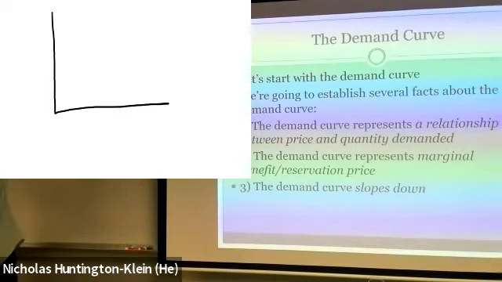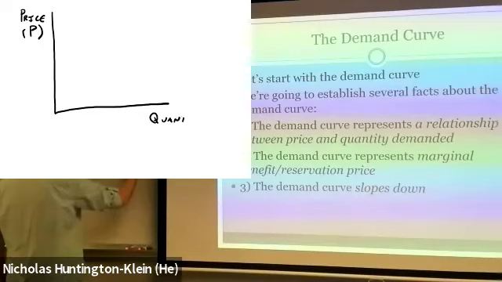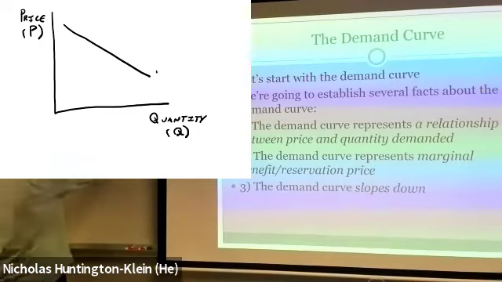On the y-axis, we're going to put price, which I will often abbreviate as P. On the x-axis, we're going to put quantity, which we're going to abbreviate as Q. Then I'm going to draw the demand curve. It's going to look like that. I'm going to label it demand, which I will often abbreviate as D.